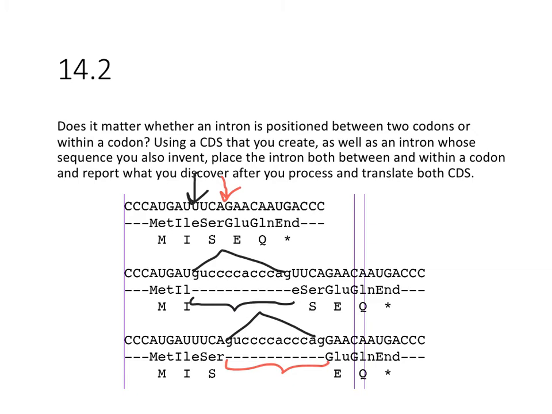So what's the reading frame in this middle one? It goes AUG, AU, and then there's an intron. So what's the third nucleotide in that codon? It's whatever the third nucleotide is after the AU.